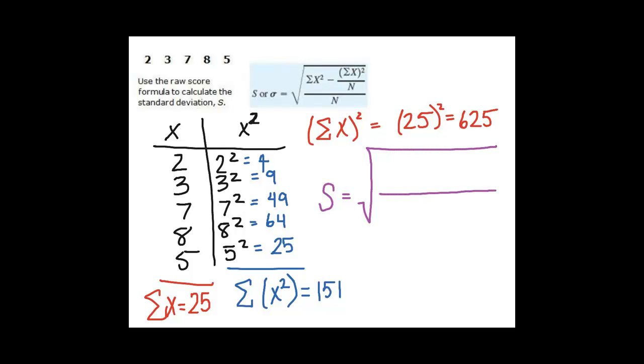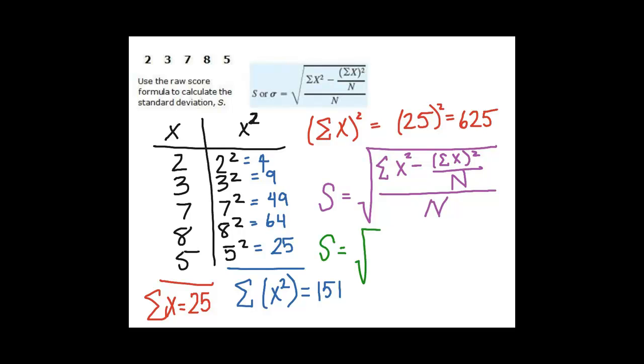Alright, now plugging into the formula, I know that I'm going to have to work with an n of 5, and on top I'm going to have the sum of the squared terms minus the sum of the terms squared over n. Notice how I said that just slightly differently, because that's how they are differently interpreted.